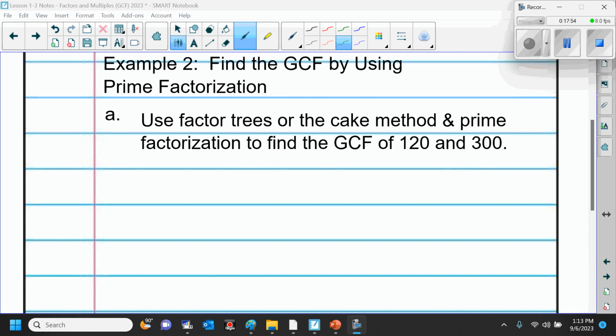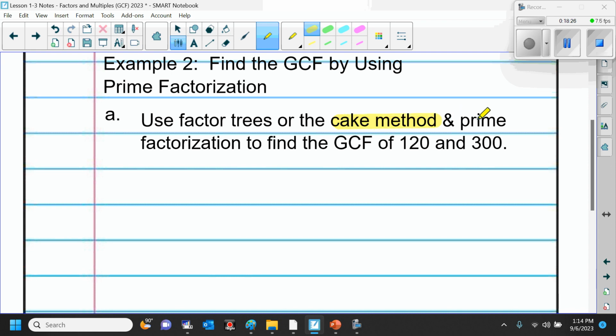All right, so example 2, we want to find the greatest common factor using prime factorization. Okay? Now, we can use prime factorization using the factor trees, or you can use prime factorization using the cake method. All right, so let's do the cake method.